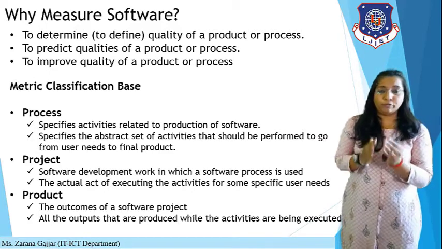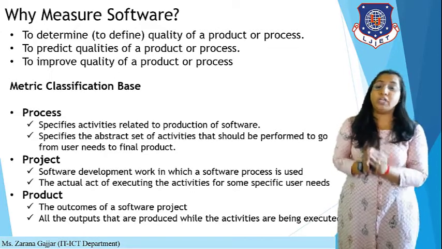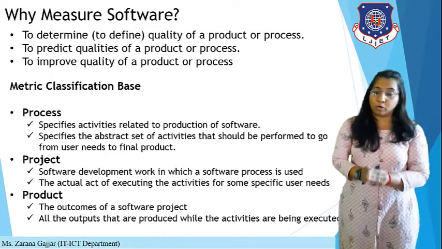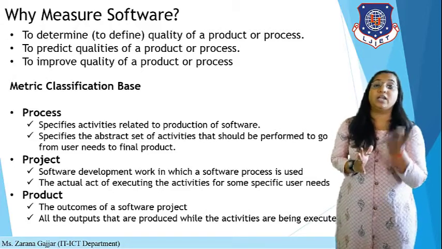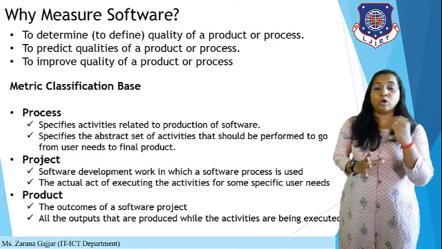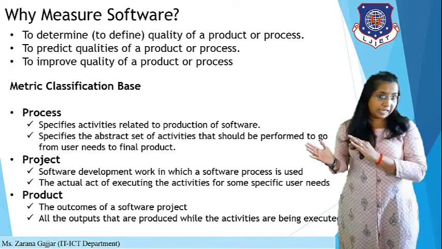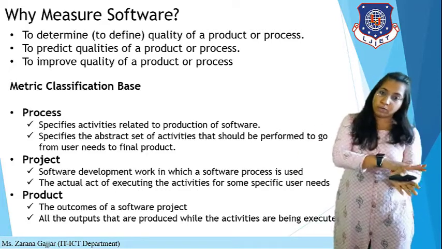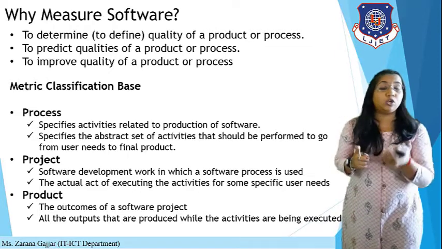So software measures are very important, and they play a vital role in your software product development. By measuring your software, you are able to determine the quality of your software. Based on that determination, you can predict that if I do this, it will affect this particular module, and based on this you can analyze risk also.